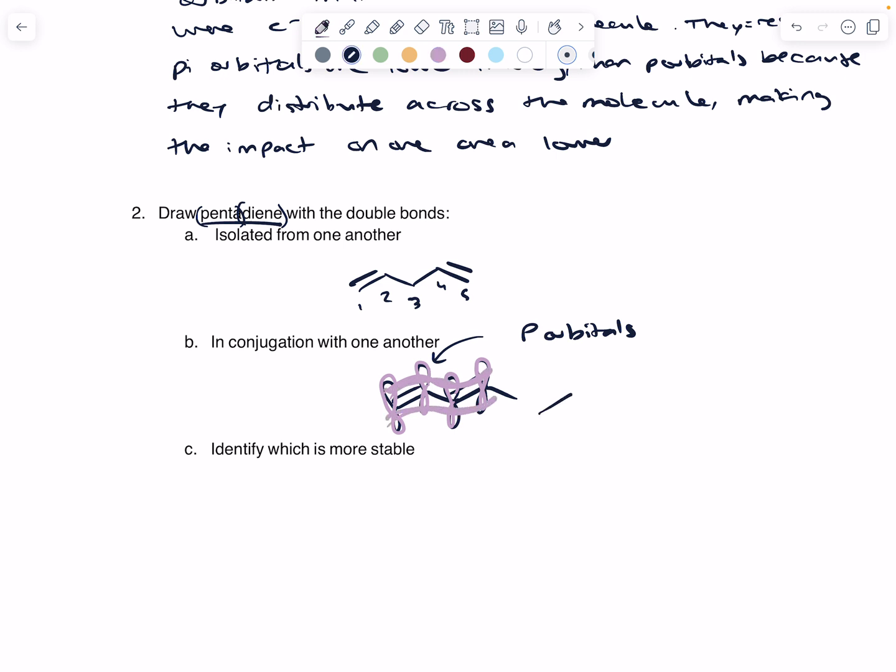So instead of it being like this, really, it's like the electrons are shared in those p orbitals across this whole system because they're able to move through these little p orbitals.